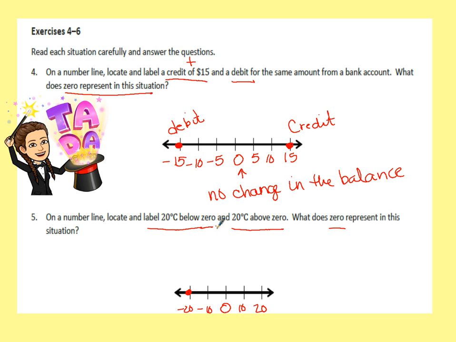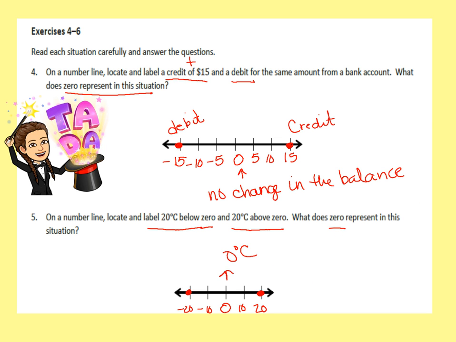And then we're going to have 20 degrees above. And then what does 0 represent? 0 represents 0 degrees Celsius, because we're talking about temperatures here.